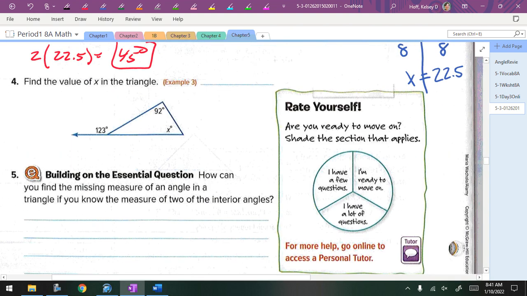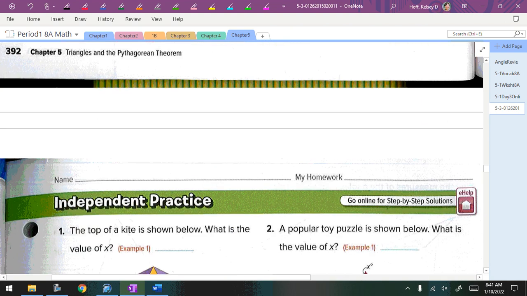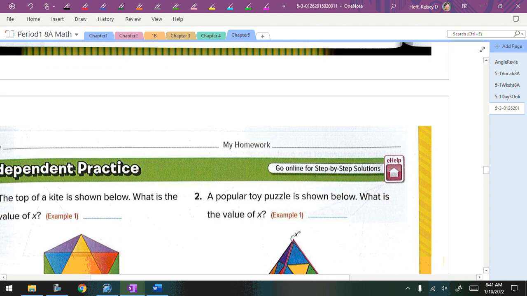Okay. Top of 393. Here's your homework. Miss Hoff was going to look this up, and I don't think she ever did. Now make sure you're writing an equation on all of them. Sorry, Miss Hoff should have already had this written down.